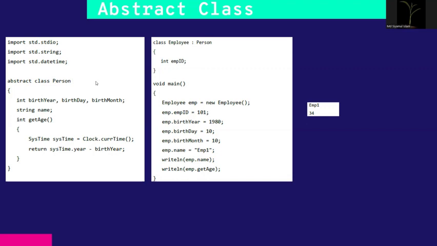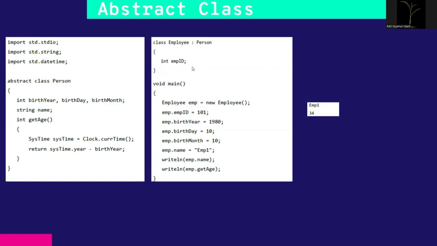There is another way to access the properties of this abstract class. We can inherit the properties of this person class, and then we can use the properties of person. Here, this is the abstract class person, and we have another normal, general class, employee, which inherits person. Now, in the main function, we have declared an object of the employee class as EMP.